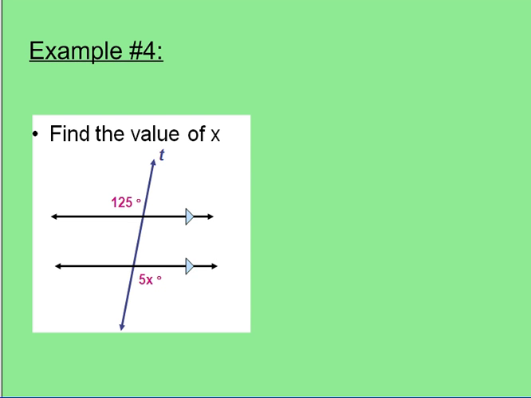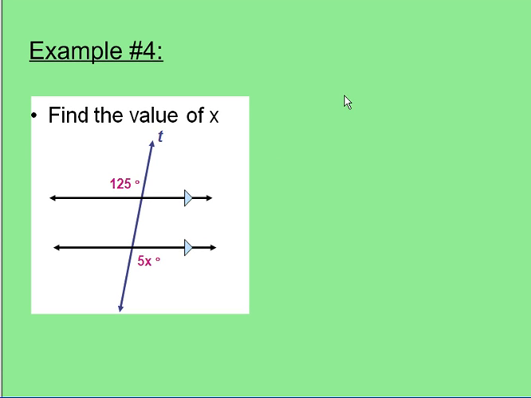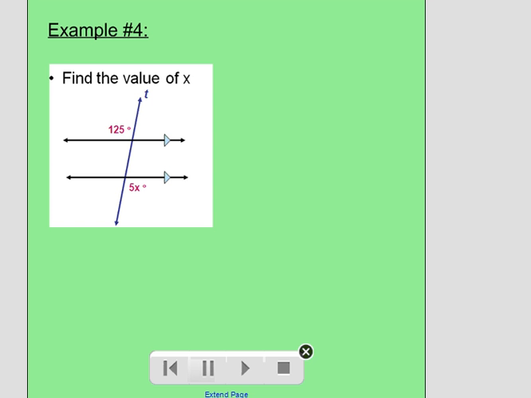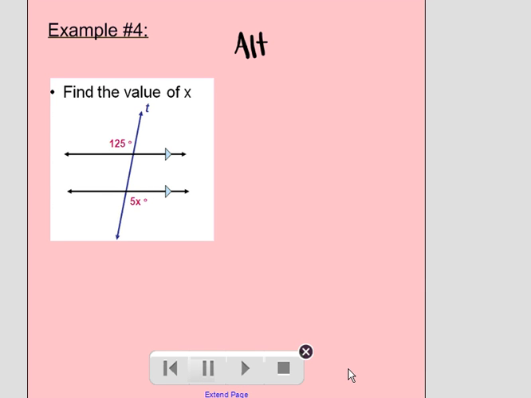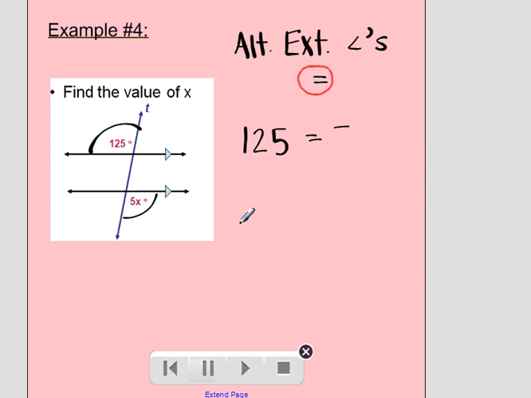And of course, I have another example for you, example number 4, where we are going to find the value of x. So here we have two angles that are alternate exterior angles. We've got 125 degrees and 5x degrees. We know that alternate exterior angles are congruent, so they are going to be equal to each other. So 125 should equal 5x.